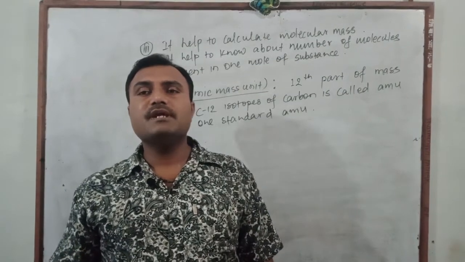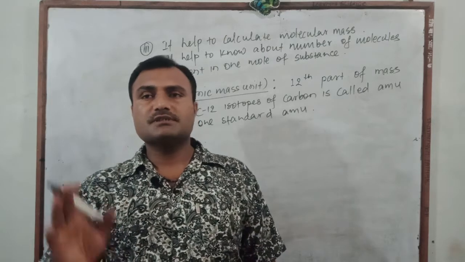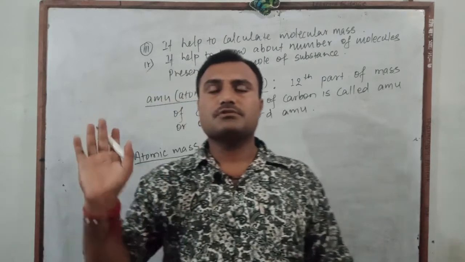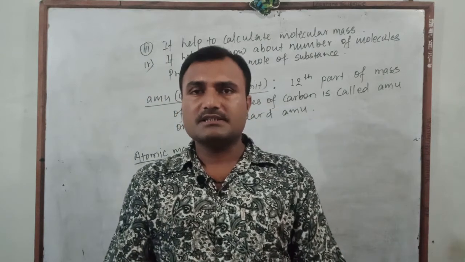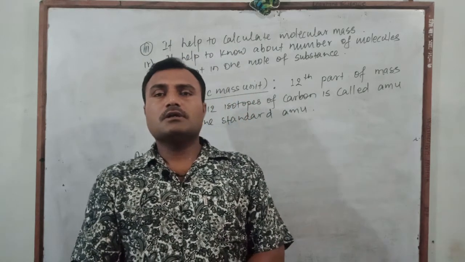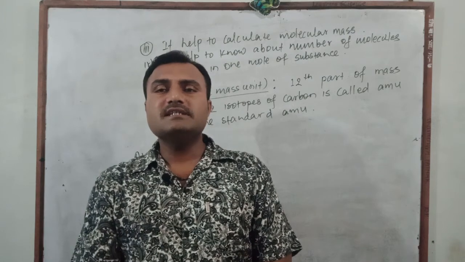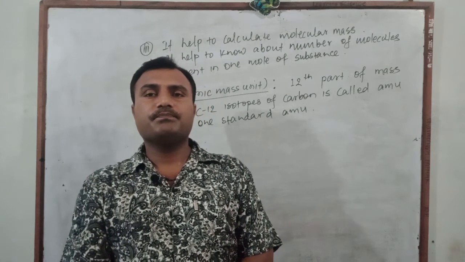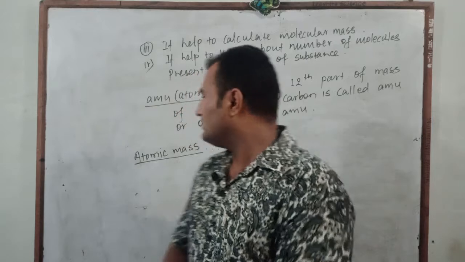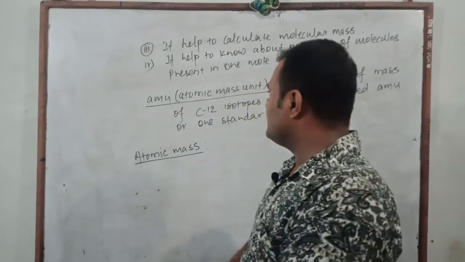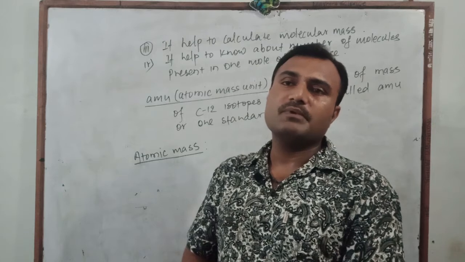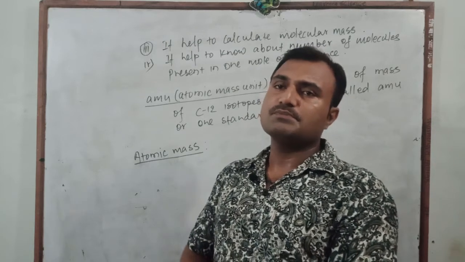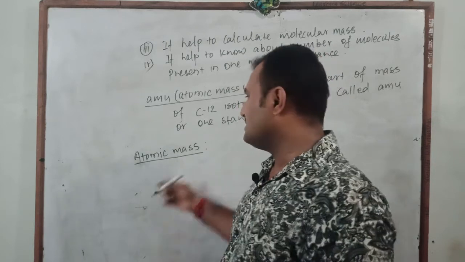Atoms are made up of electrons, protons and neutrons. Electrons having too small mass or negligible mass, therefore it is expressed in here AMU. Atoms are made up of subatomic particles like electrons, protons and neutrons.